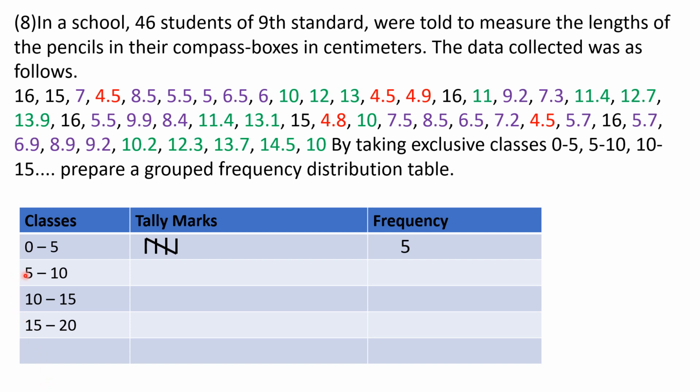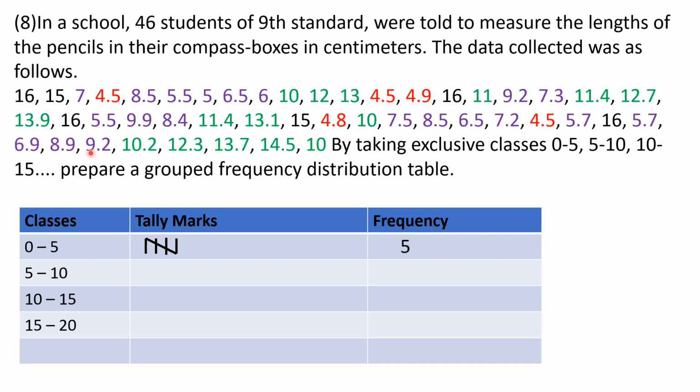Now in 5 to 10, I said 5 till 9.9 you will consider: 5, 6, 7 till 9.9. Students, for this I have colored in violet. Can you see this violet color? This is one number here. 1, 2, 3, 4, 5, 6, 7, 8, 9, 10, 11, 12, 13, 14, 15, 16, 17, 18, 19, 20.